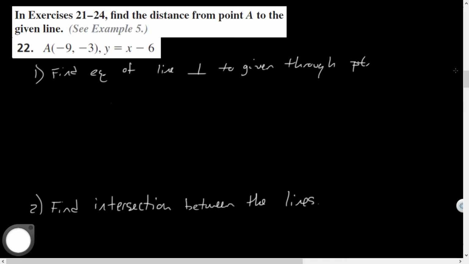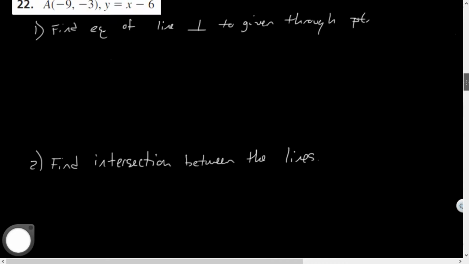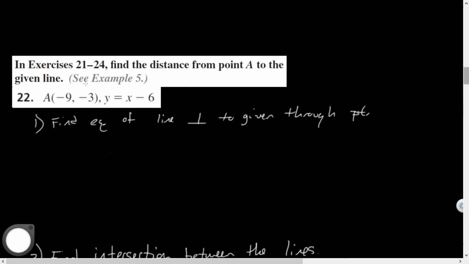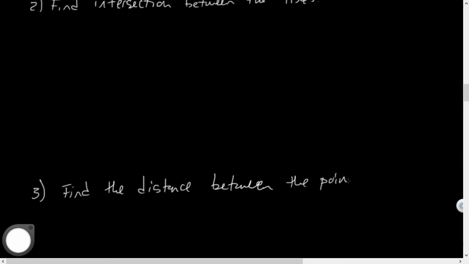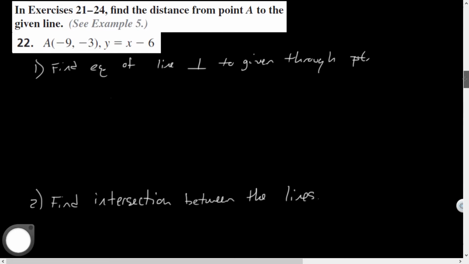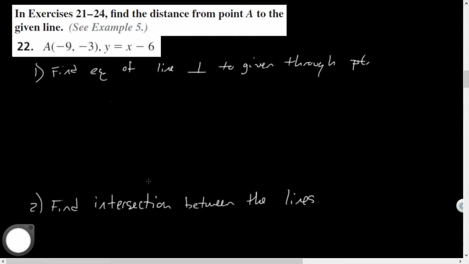That one's usually solved by substitution, which is the easiest way. And then the intersection will be a point. Using those 2 points, step 3, find the distance between those points. That would be done using the distance formula. So now that I've outlined my procedure, just so we don't get lost in the fray, let's figure this out.